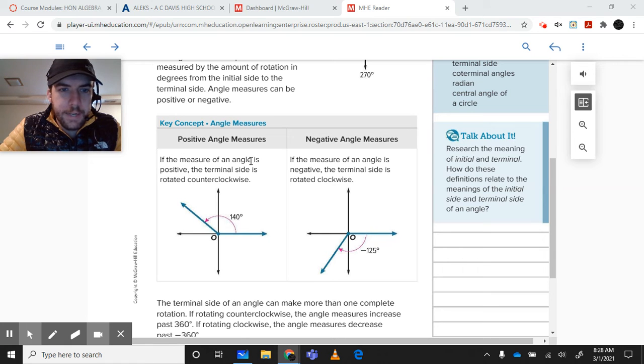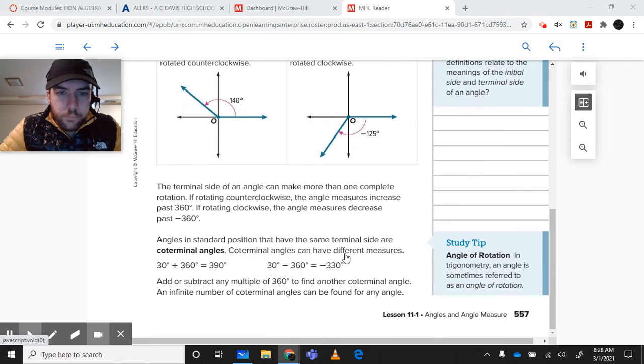If the measure of an angle is positive, the terminal side is rotated counterclockwise, whereas if the terminal side is rotating in the clockwise direction, we're describing a negative angle. The terminal side of an angle can make more than one complete rotation. So this can rotate all the way around and continue rotating.